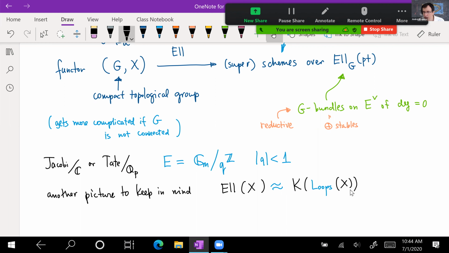And when we do some computation with indices of differential operators, that's really what they're computing.